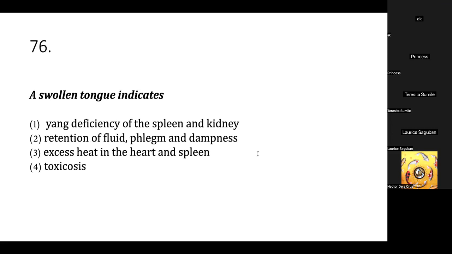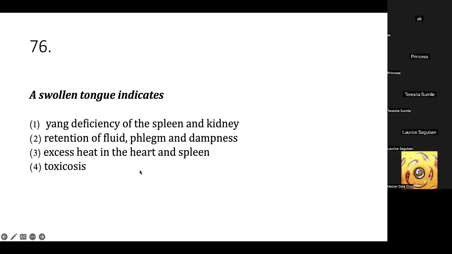Okay, 76, swollen tongue. Sir, swollen tongue is deficiency, retention, excessive heat, toxicosis. Sir, E, all of the above. Okay, does everybody agree? Yeah. Spleen and kidney yang deficiency. Toxicosis, allergies?